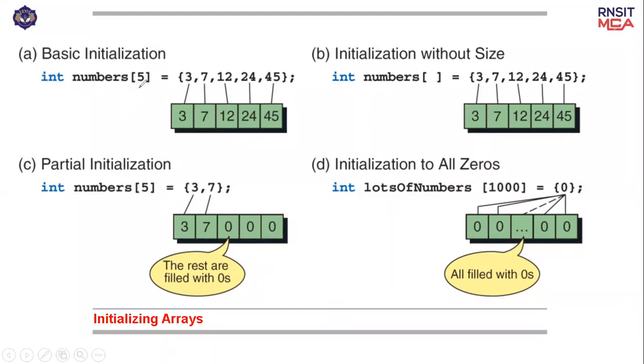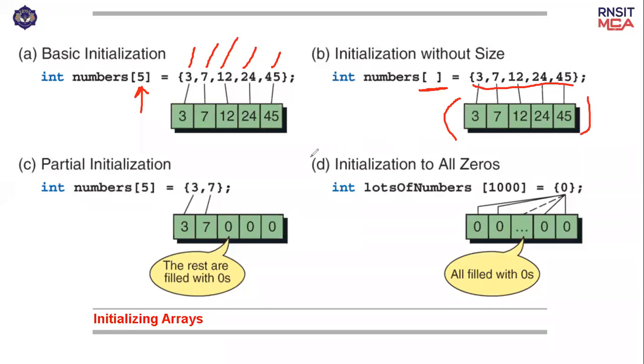So whenever you say numbers of 5, an array of size 5 is created with first element 3, second element 7, third element 12, fourth element 24, and fifth element 45. So it is stored. Even if you don't give the size like this, automatically you can get the total number of elements that you have.